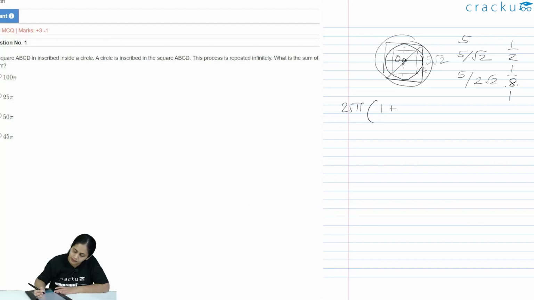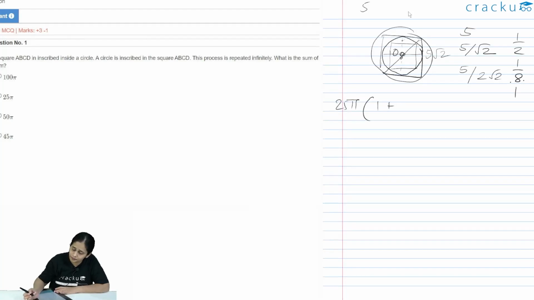If this radius is 5, this goes to 5 by root 2, so you're dividing by root 2 each time. So 5 by 2, then 5 by 2 root 2 and so on. So the areas will be 1 by 4, 1 by 8 and so on. So this is 1 plus half plus 1 by 4 plus 1 by 8 and so on.